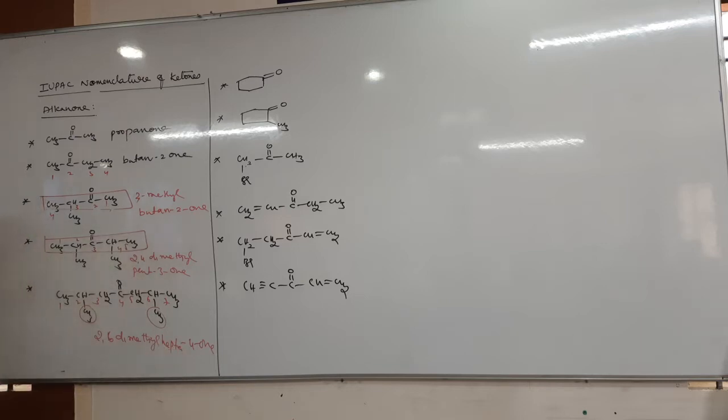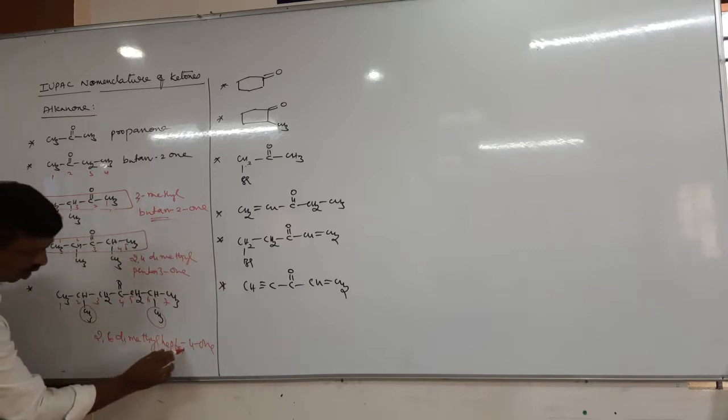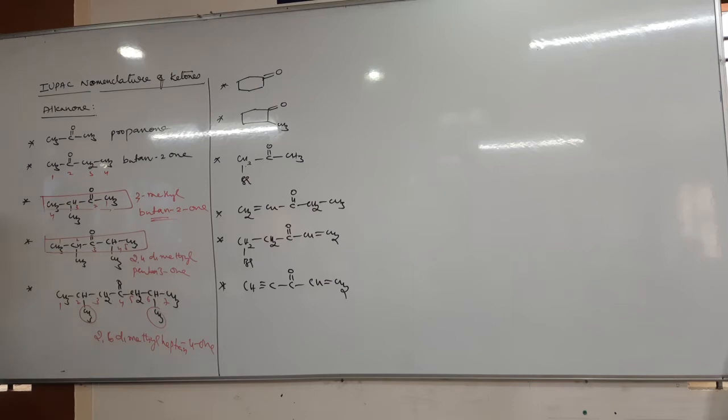One second. Dimethyl pentane. Pentane, not ANE, just AN. Pentane 3-one. Okay, it is correct. So it is heptane 4-one.